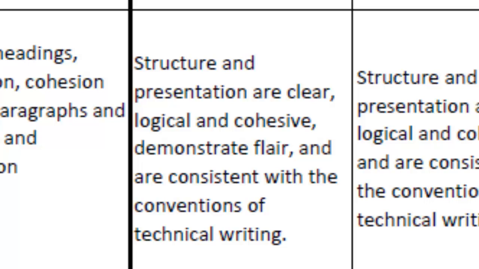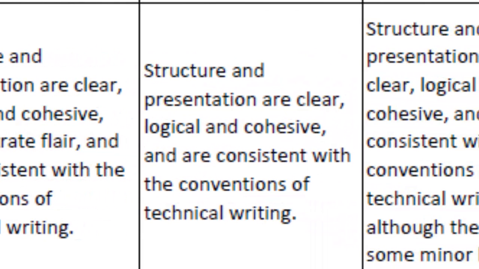It might be the way that it's constructed, very skillful links between ideas, that kind of thing. A distinction means that it's still clear, logical, cohesive, and consistent with the conventions of technical writing. There might be very few problems, but it may just not quite have the flair of a high distinction.